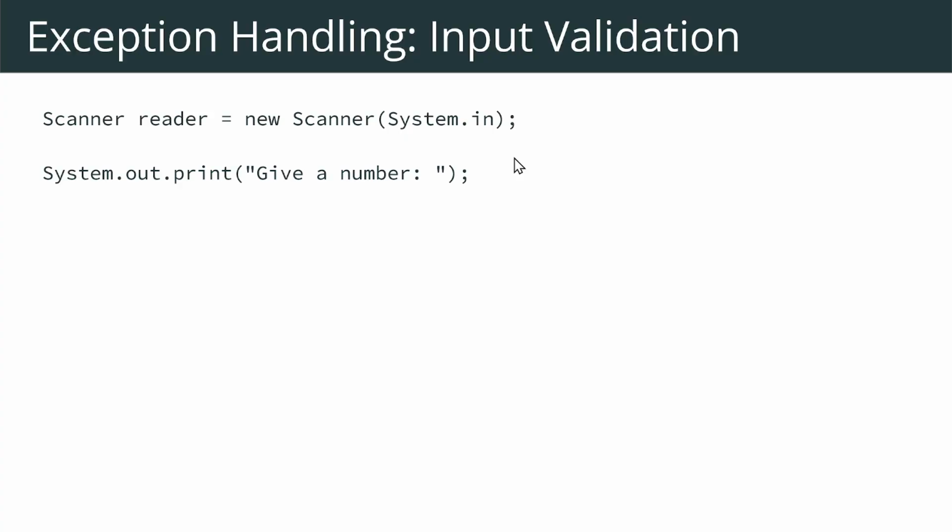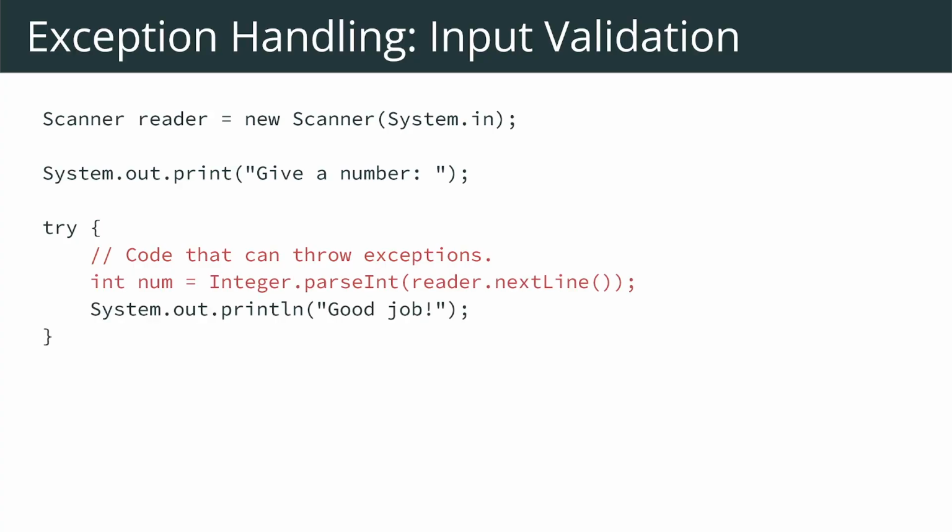And let's say we wanted the user to type in a number. So here's a prompt that says give a number. There is a possible place that the error can happen, right over here. The code in red is wrapped in a try block, because we can possibly have an error on this parseInt method.